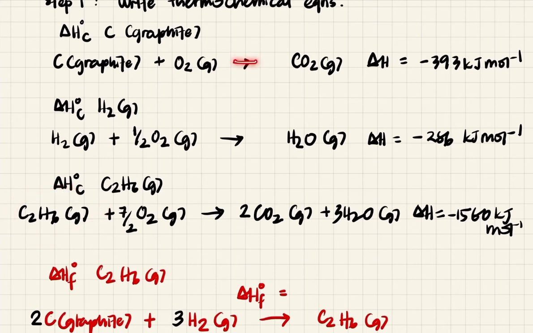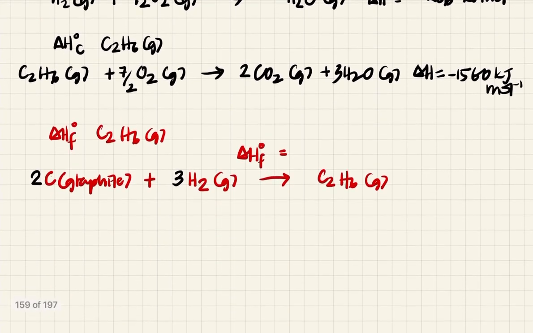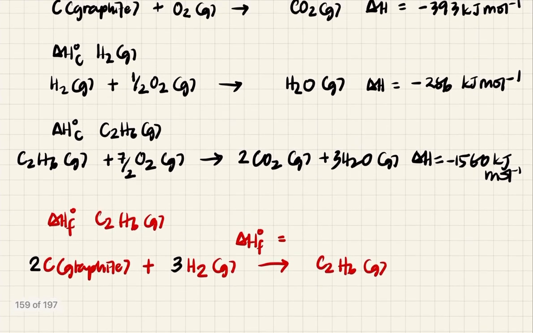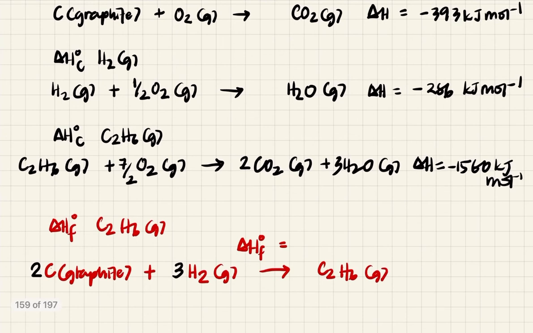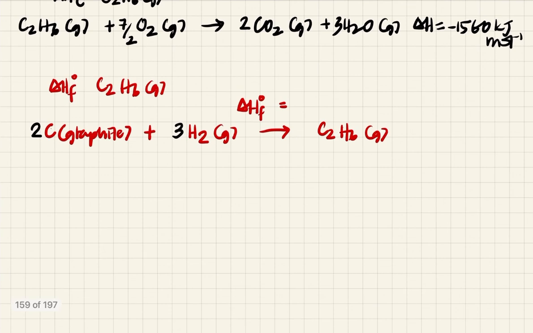But you have to follow the arrows that you already have. If you change the direction of the arrow, reverse the equation, that means you also have to reverse the sign in our energy cycle. So what I'm going to do first is take this one, from carbon graphite. So we have 2 carbon graphite here, plus oxygen gas, I will get carbon dioxide.